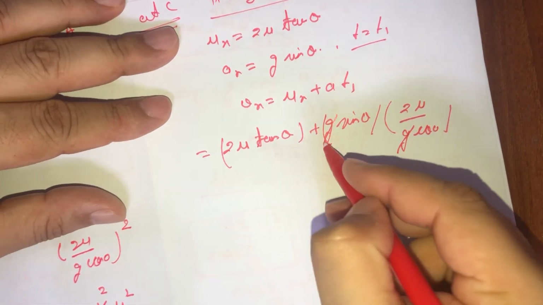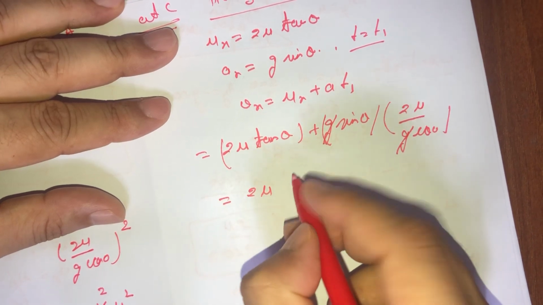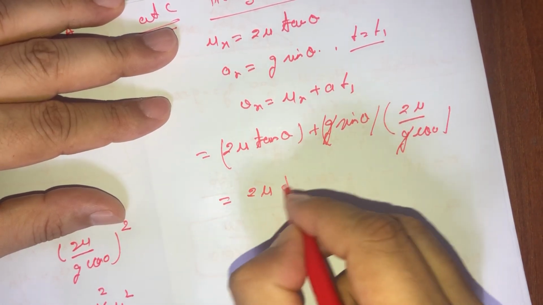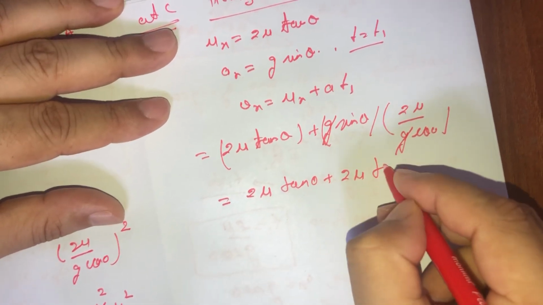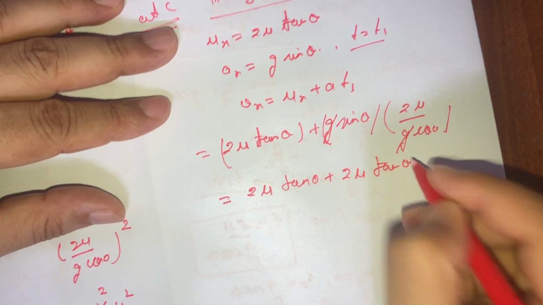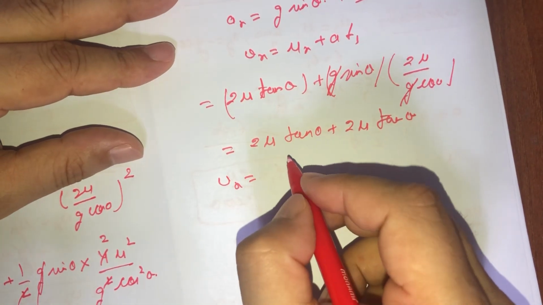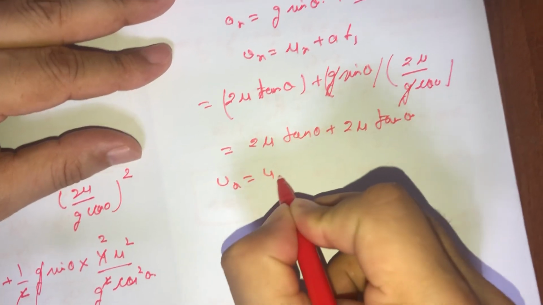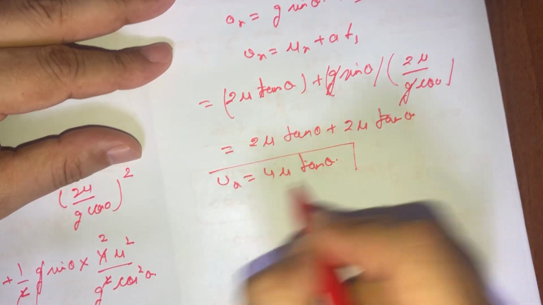So g goes with g, and this is left as 2u tan theta plus 2u tan theta, so we get Vx is equal to 4u tan theta.